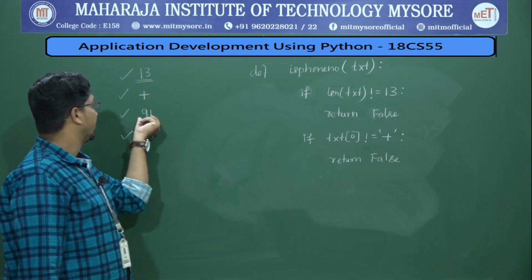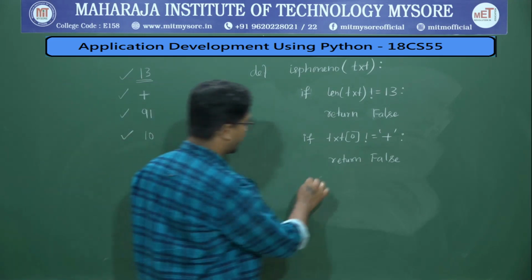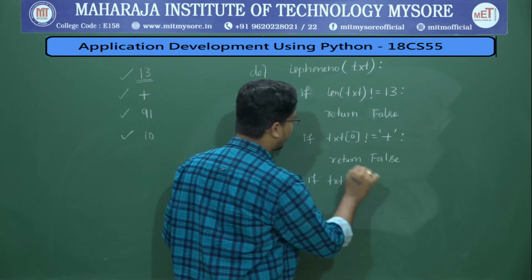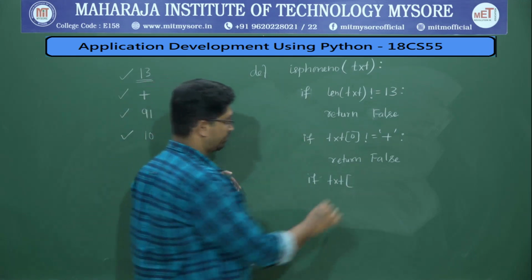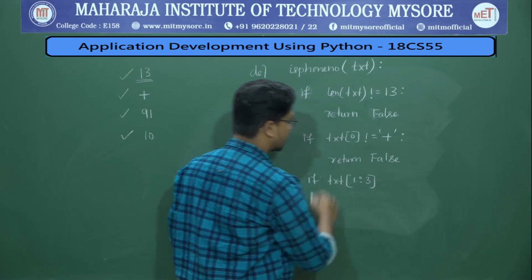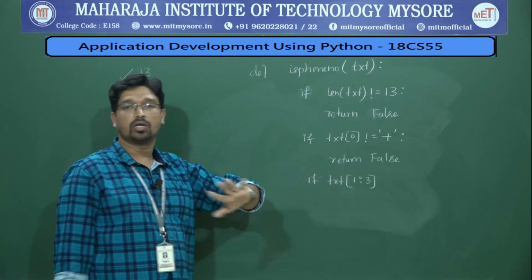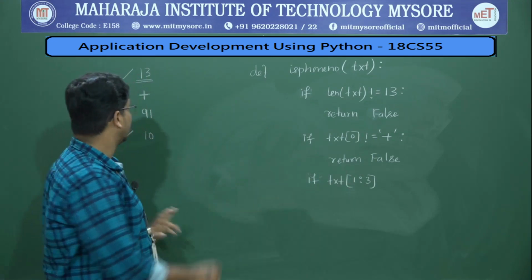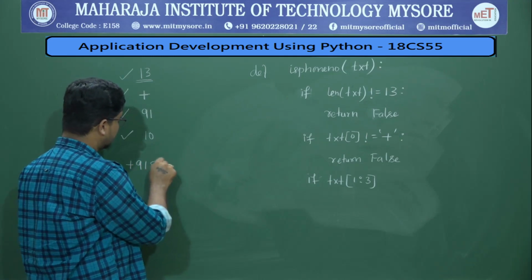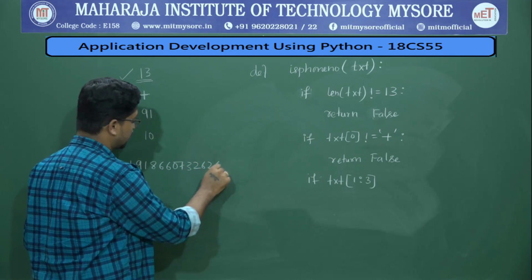Then what is the next condition? I need to check whether the next two characters are 9 1. Again I need to write one more condition. How do you access two characters? If text of 1:3, that is the first character, the second character, and the third character is not included, right? So you have a phone number, let us say as I have already written, 9186 073 2626.